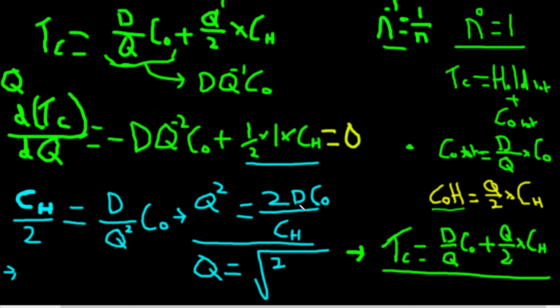Now I'm going to move the CO over here and the D to the end. 2 cod over chips. And that is how much we order each time we go along, to get that total cost to be a minimum when we're thinking of these 2 points here.